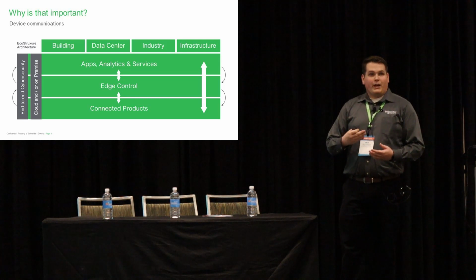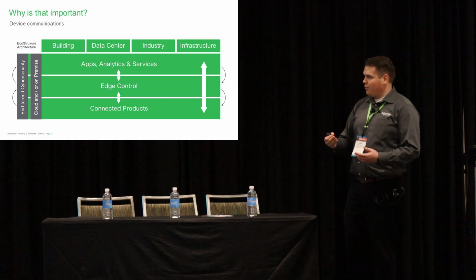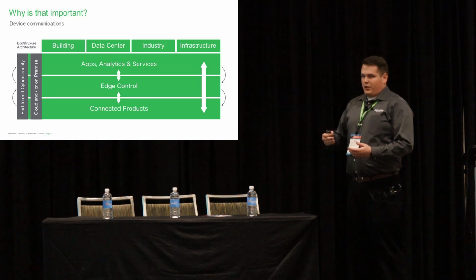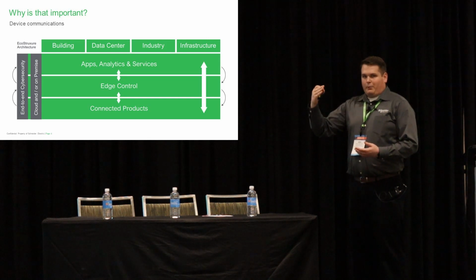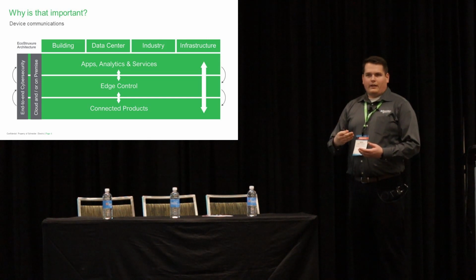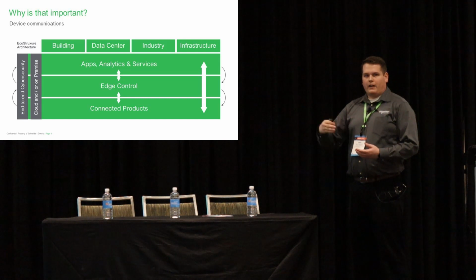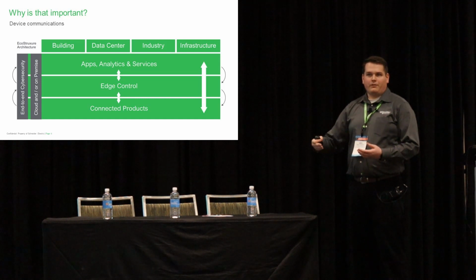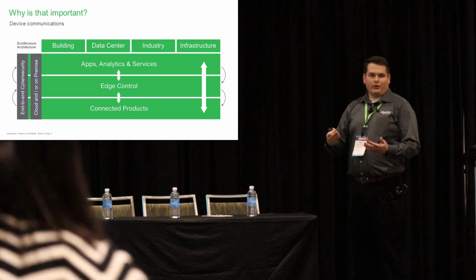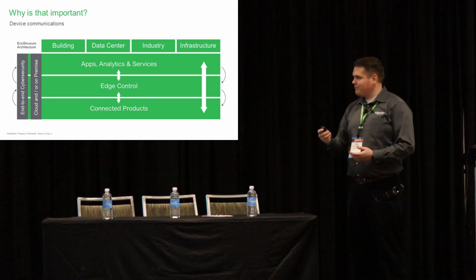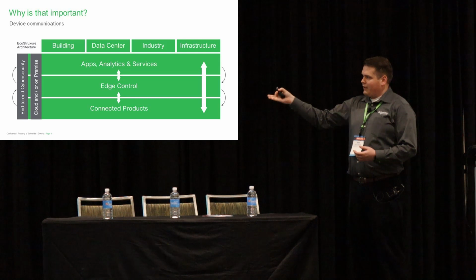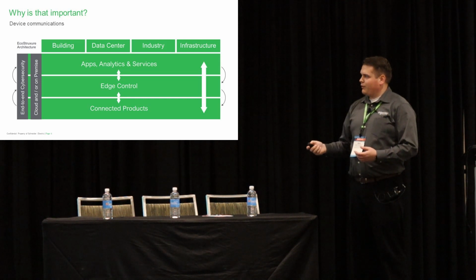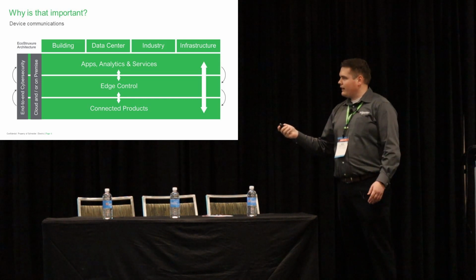The edge control is going to be like our Nanotech product, our EPC3004. That's actually collecting the data and then serving it up to your building automation system, where you're collecting that data in a BACnet system to then feed it on to maybe your finance department to see, okay, we've used X amount of energy for the month, for billing, whatever you're going to then use that data for later on. Like I said, it's going to infrastructure, building, data center, however you're utilizing that data after the fact.